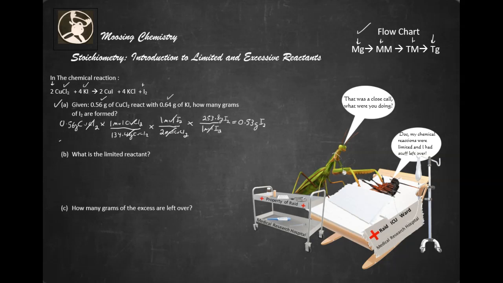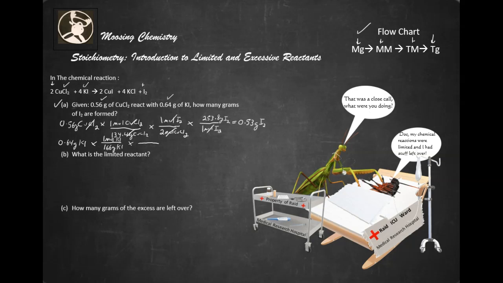Alright, so let's look at the other one. So we have 0.64 grams of KI. That's our other reactant, and we're going to do the exact same thing that we did above. So we're going to turn it into moles of KI: 1 mole of KI over its molar mass, which happens to be 166 grams of KI, times the mole ratio.